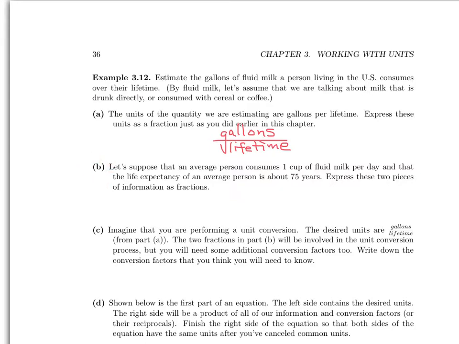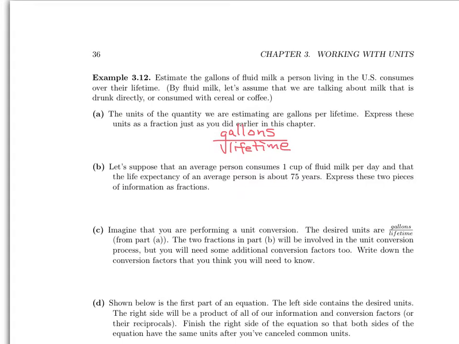Now let's look at Part B. Let's suppose that an average person consumes a cup of fluid milk per day and that the life expectancy of an average person is about 75 years. Express these two pieces of information as fractions. So in this step of the process, what we are doing is thinking about what information we would need to know in order to make an estimate for the gallons of milk consumed over a lifetime.